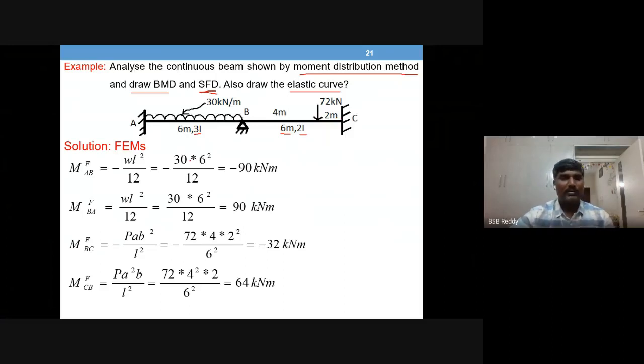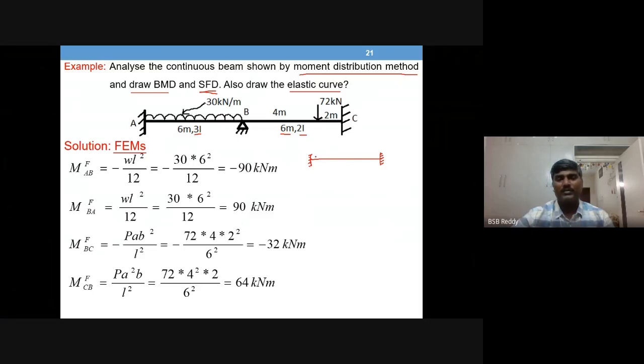Come back to step 1. Fixed end moments are to be calculated. So step 1 is to calculate fixed end moments, by fixing the members. AB is a member, so you make it fixed.